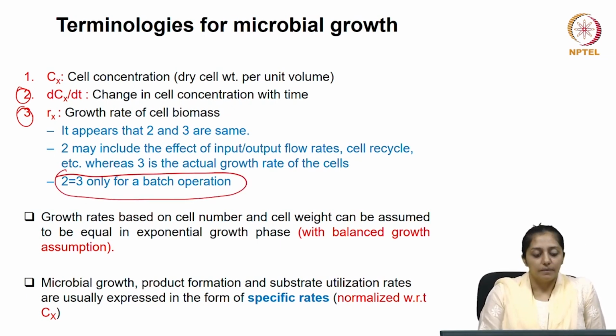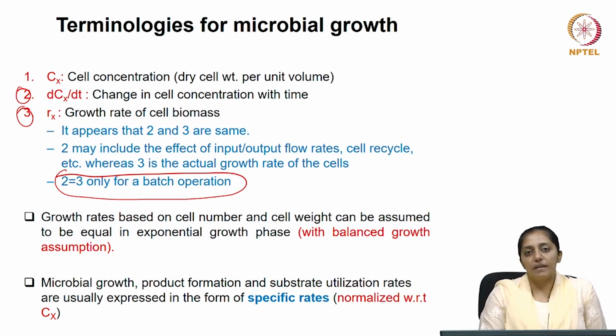Let us prove it. Now, growth rates which are based on cell number or cell weight can be assumed to be equal in exponential growth phase, because we can assume balanced growth during this phase. Now, microbial growth, product formation and substrate utilization rates, they are usually expressed in the form of specific rates.